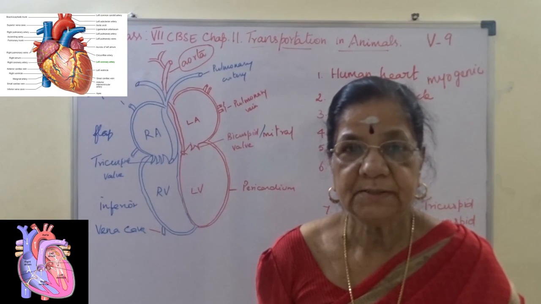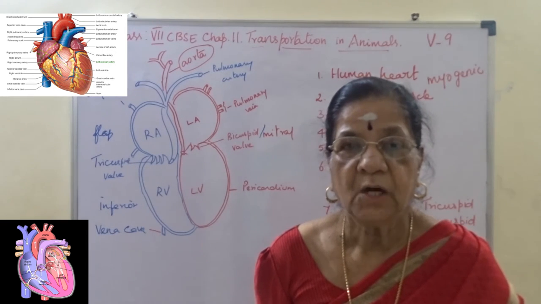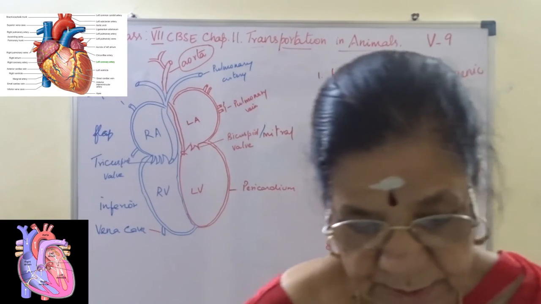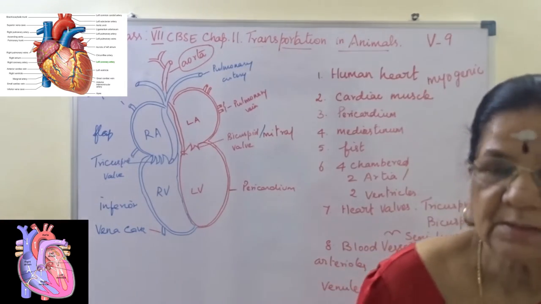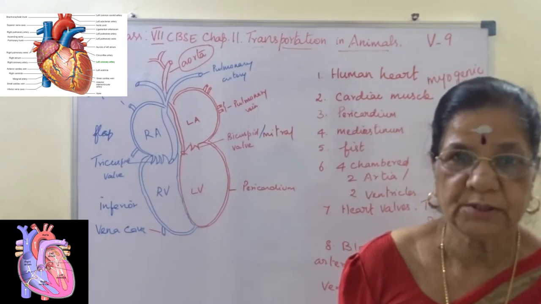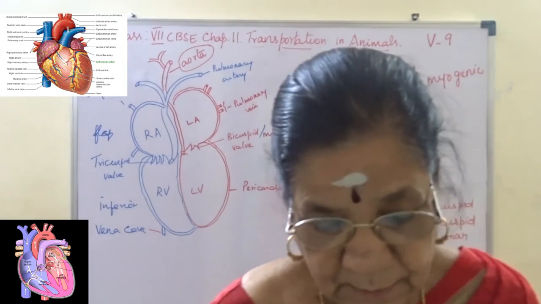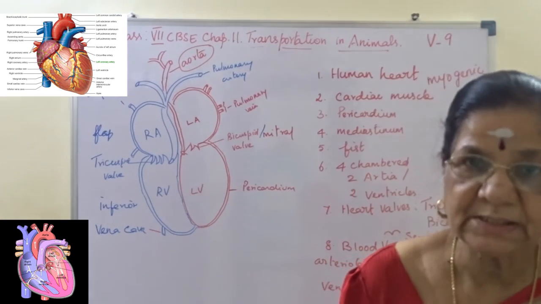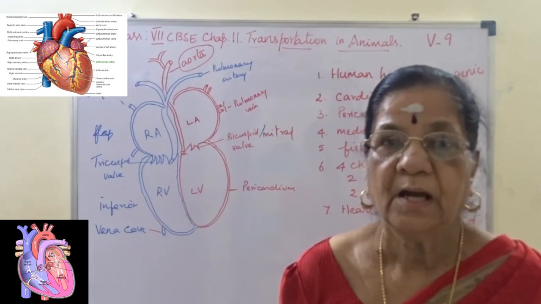What do we say? Arteries carry oxygenated blood to various parts of the body. Okay, and then it supplies blood from the heart to different organs. And then the walls of the arteries are thick and elastic.